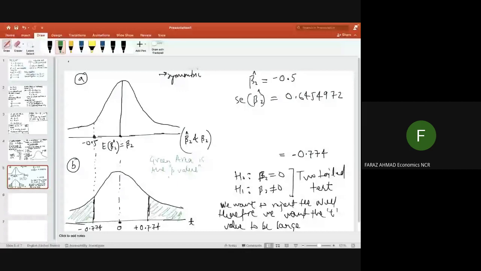The green area is called the p-value. And the rule is, if the p-value is less than or equal to 0.05, we reject the null.